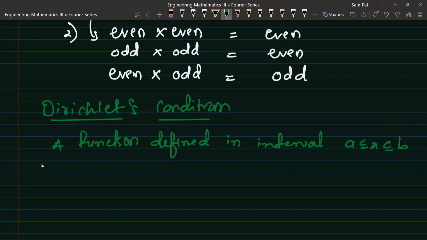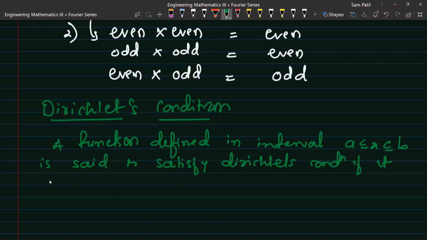The function is said to satisfy Dirichlet conditions if it satisfies the following conditions.